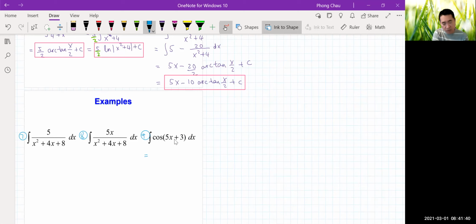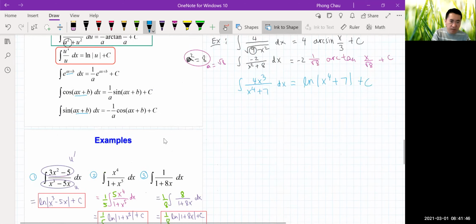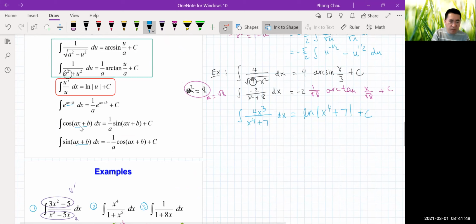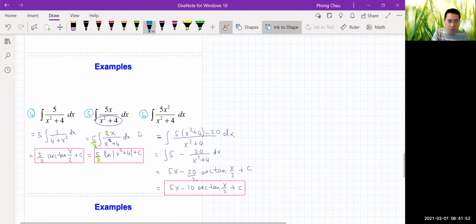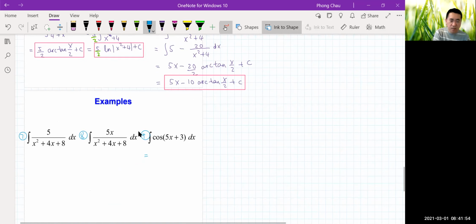when you find the antiderivative of cosine, we're going to use this quick formula, which is the one I have up here. The antiderivative of cosine of ax plus b is 1 over a times sine of ax plus b. So basically, what's the antiderivative of cosine? Well, it's going to be sine, right? However, I have sine of 5x plus 3.